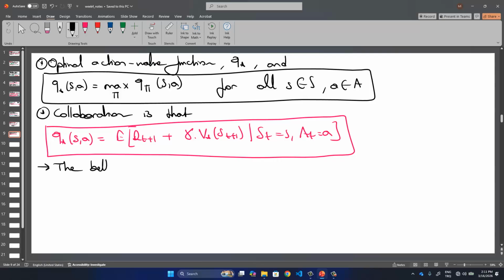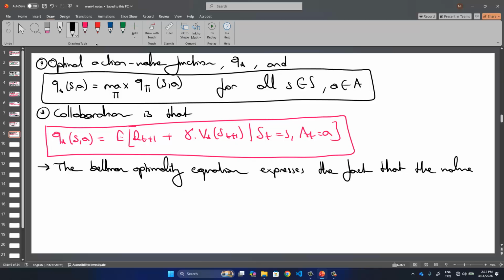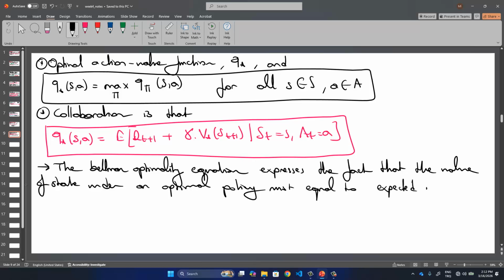The Bellman optimality equation expresses the fact that the value of a state under an optimal policy must equal the expected return for the best action from the state.